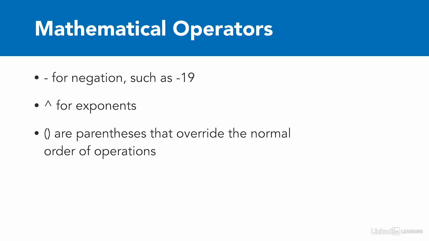So what is that normal order of operations? Well, in MATLAB, it's what you've probably come to expect in other programs such as Excel. You start with exponentiation, that's the caret, and then you have the minus sign for negation, then multiplication or division and divides into, and then finally plus and minus, so addition and subtraction.